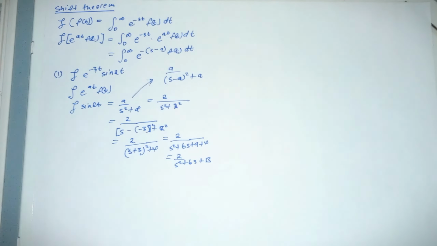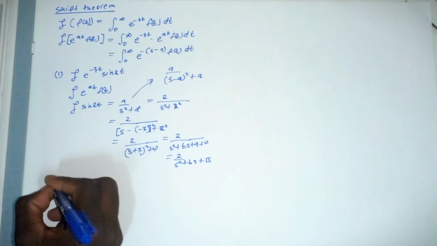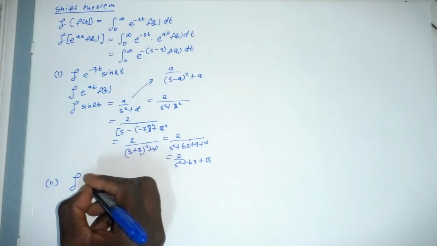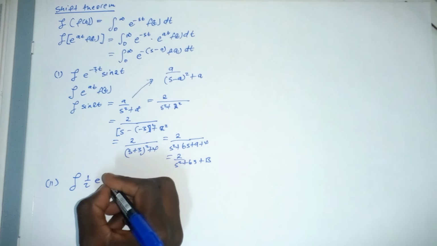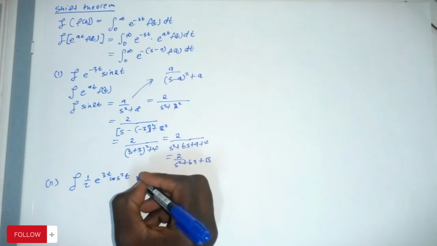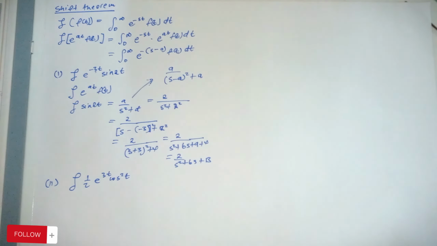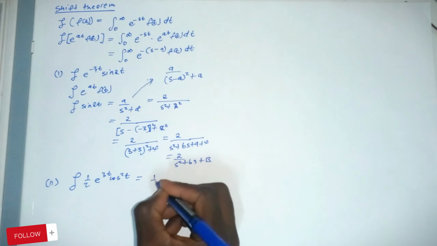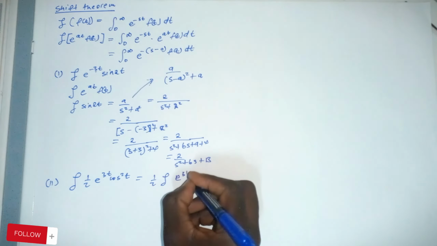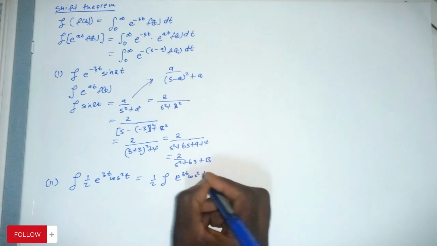Okay, now moving on to the next question, I'm going to use the shift theorem. I want to evaluate the Laplace transform of 1/2 e to the power 3t cos squared t. We're going to use the shift theorem, because we can write this as 1/2, which is a constant, times the Laplace transform of e to the power 3t cos squared t.